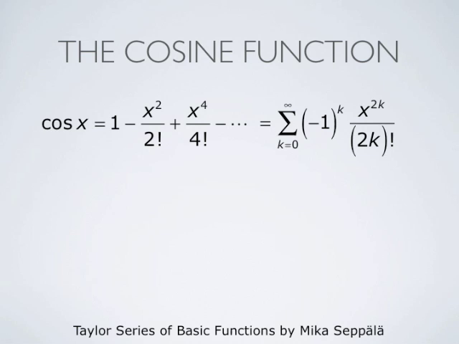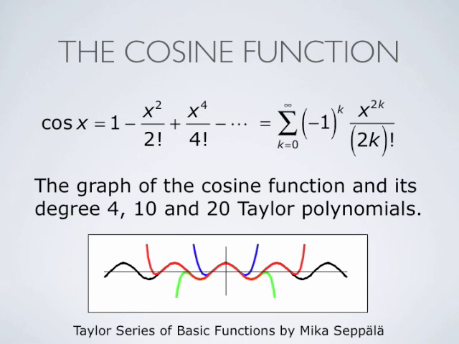That is summation k from 0 to infinity, (-1)^k x^(2k) divided by (2k) factorial. And this picture here shows the graph of the cosine function and those of its degree 4, 10, and 20 Taylor polynomials. The higher degree Taylor polynomial you take, the better approximation for the cosine function one gets.